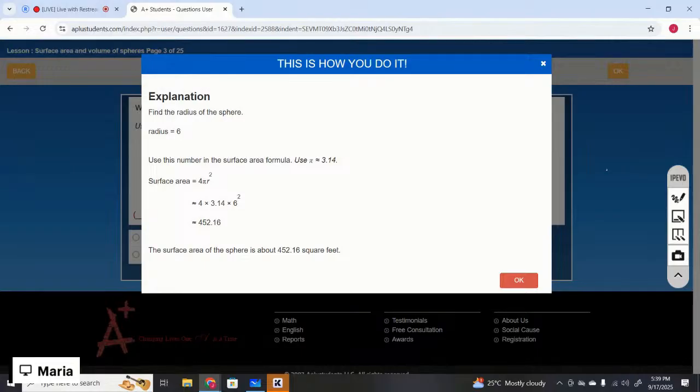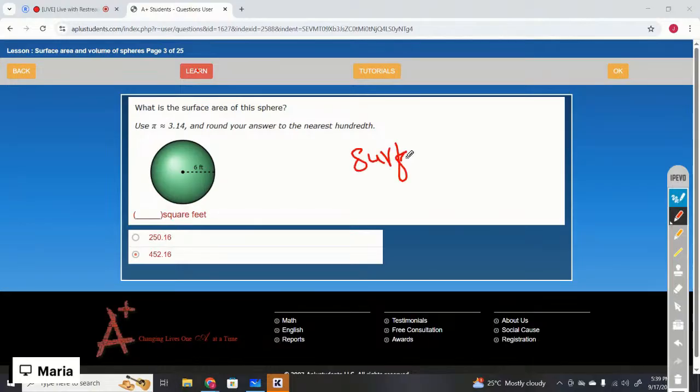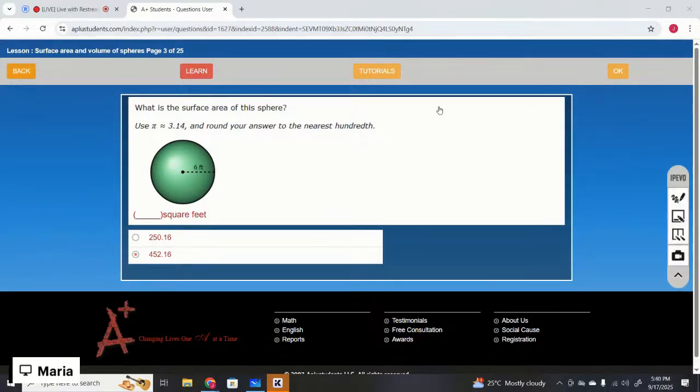Option number 2 is the correct option. Surface area equals 4 pi r square. Okay, you can complete the lesson by yourself later today.